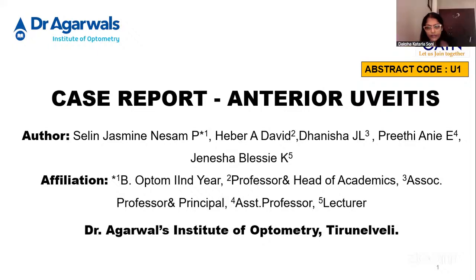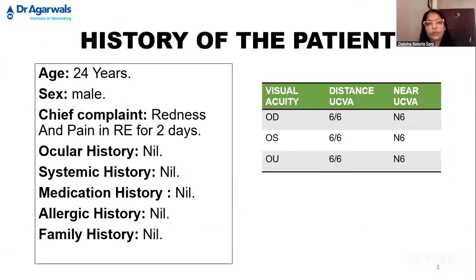Okay, fine, thank you. It was a very good presentation, very neatly presented. Thank you, ma'am. I have a very basic question. It's a 24-year-old boy. What do you think could be the reason for anterior uveitis in this kind of situation?